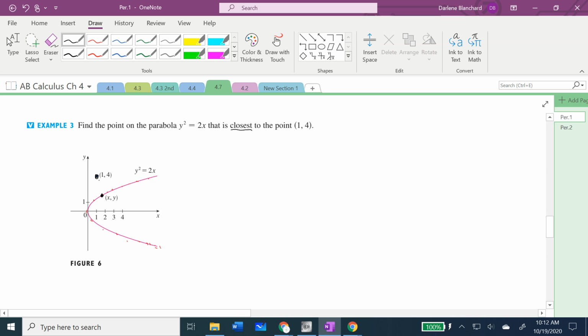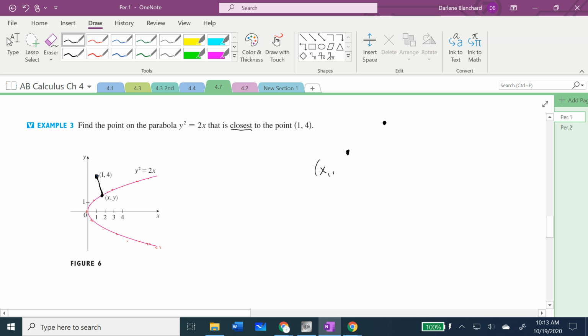So what is a formula for distance between 2 points? Do you recall a formula for distance between 2 points? If nothing is coming to mind, let me remind you.